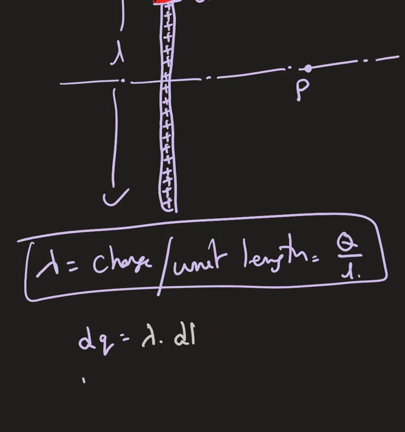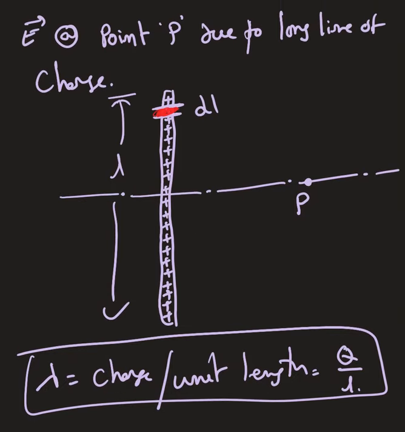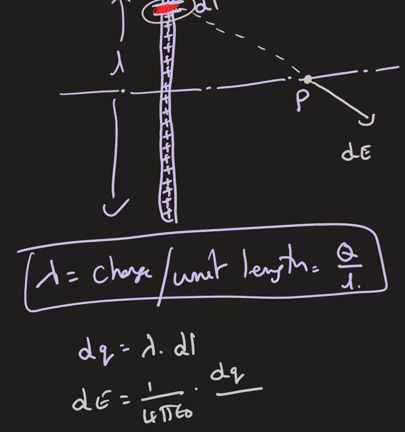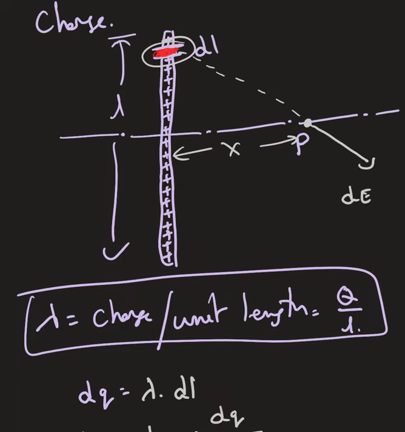Now I'm going to define dE. dE is the electric field at point P because of the charge in this area. So I'm going to define that right here, this is dE. So dE equal to 1 over 4 pi epsilon naught, dq over the length squared. I'm going to take this as x, and this as y.